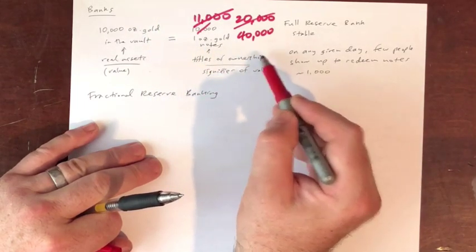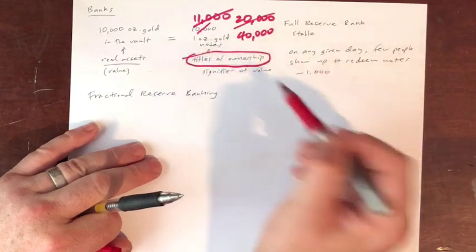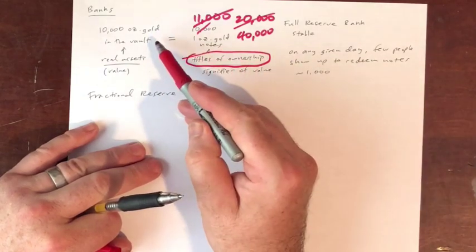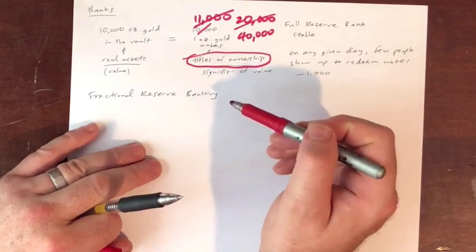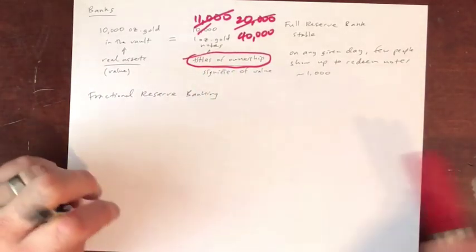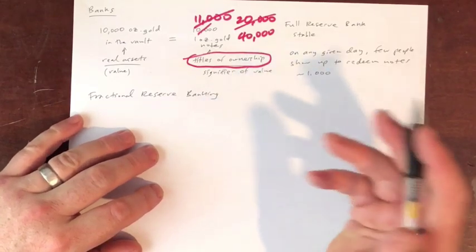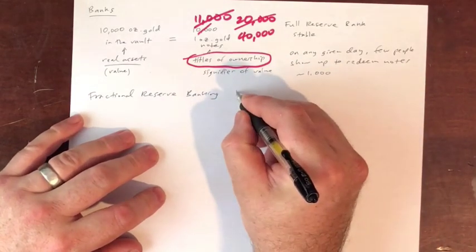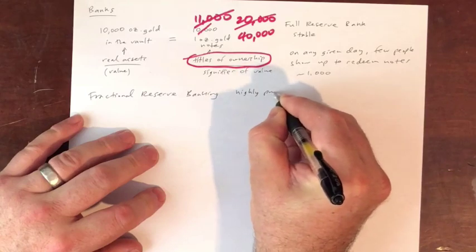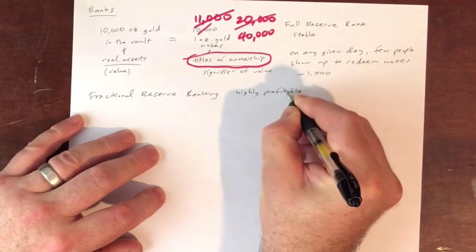So we have multiple titles of ownership, more than one title of ownership per coin. That is what fractional reserve banking is, okay? And the system develops, like I said, about 500 years ago, and it spreads, right? It becomes a highly profitable system, okay?